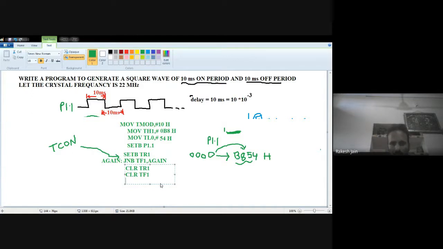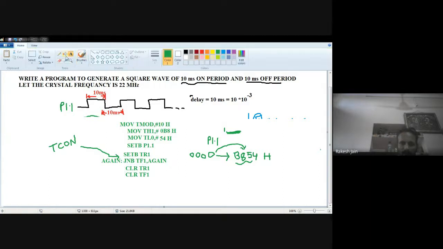So we achieved 1 at P1.1 for 10 milliseconds. Now we want 0, and we want that 10 millisecond time period wasted at 0 again, and this process will be continuous: again 1, again 0, again 1, again 0. So what will happen? Actually it will look like a square wave.